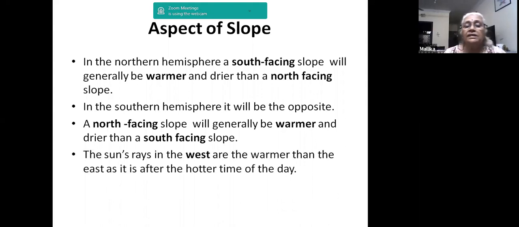Similarly, you also find that if the mountain is facing towards the west, the western slope will always be warmer than the eastern slope. The reason being that the eastern rising sun is cooler, and it becomes hotter only after the sun crosses the zenith, right?